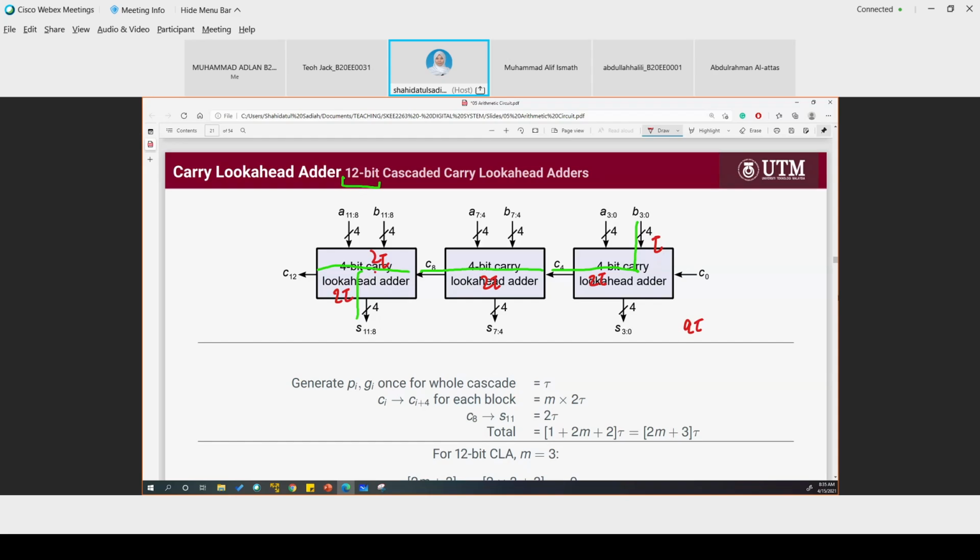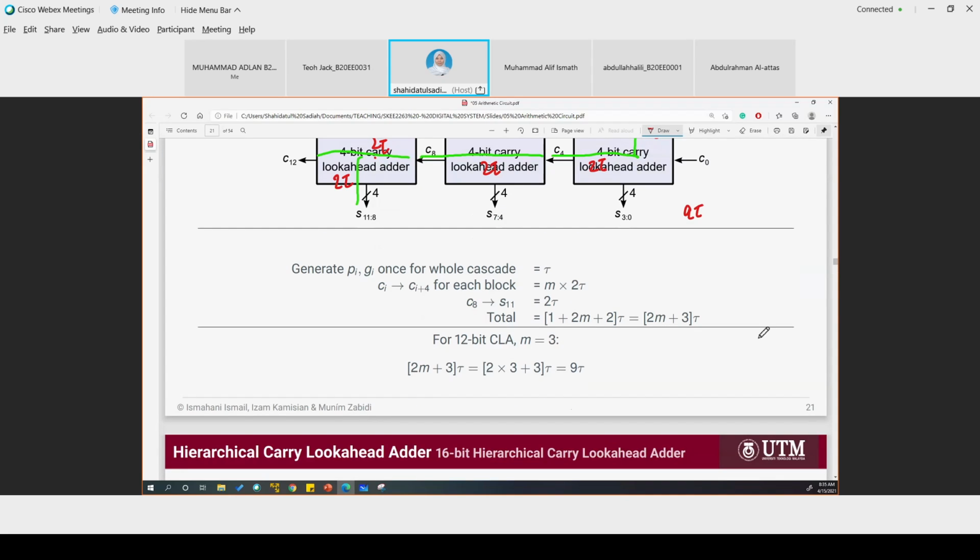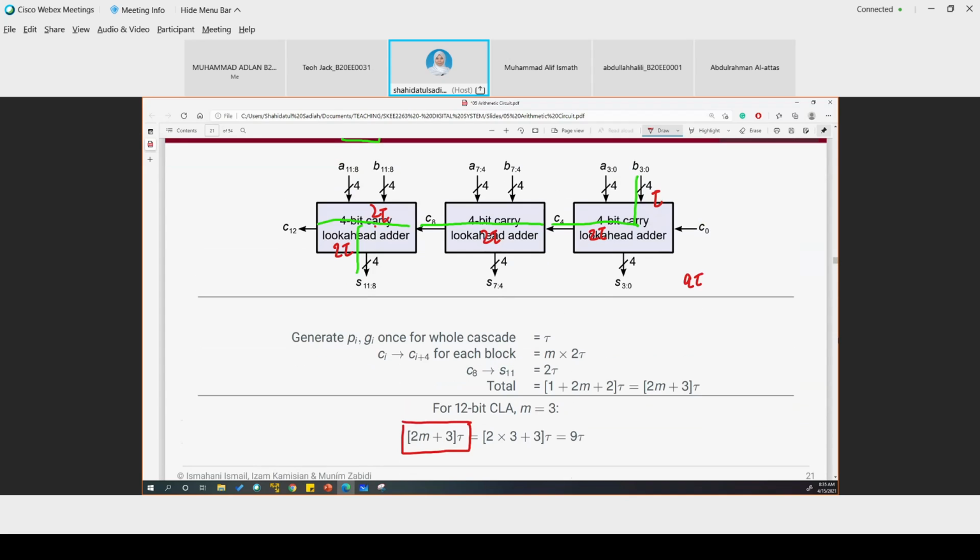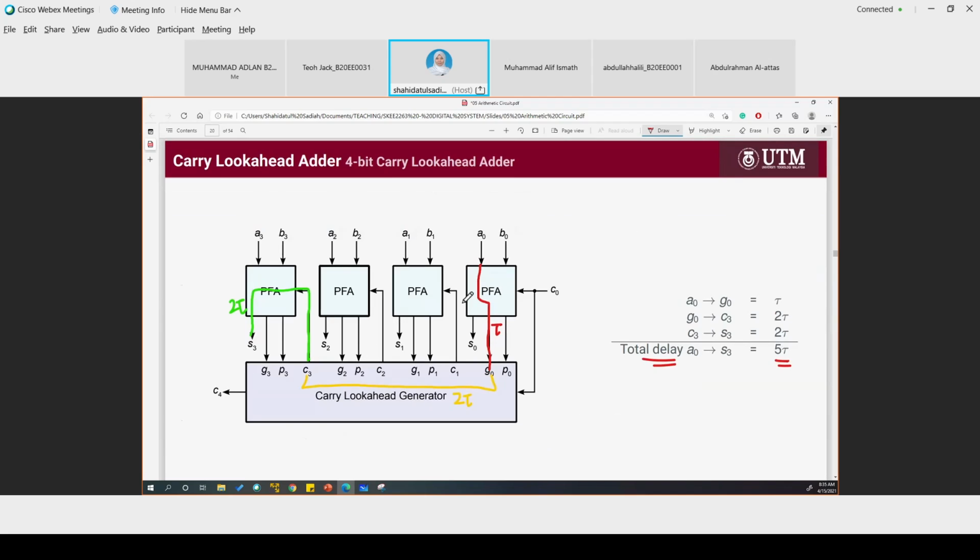And in general, we have this formula, where M is the number of blocks. So we have 3 blocks here, 2 by 3 plus 3, that's 9.